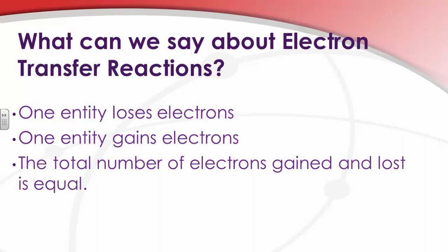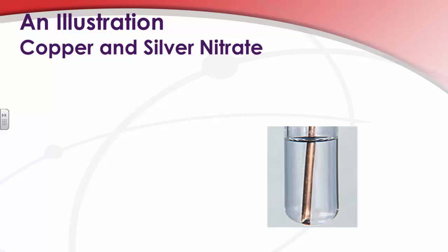And it's critical that when we're looking at these reactions, we understand that the total number of electrons gained and lost is equal. So, we aren't necessarily going to see these electrons moving around.